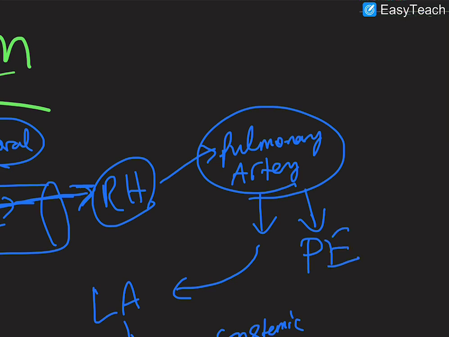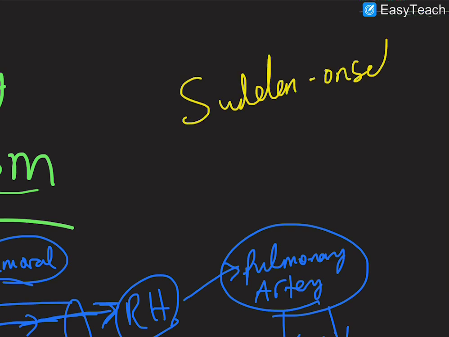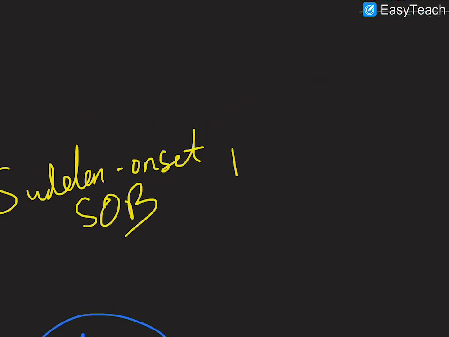So what symptoms can you expect? You may have heard this. Some symptoms are sudden onset shortness of breath. Along with that, you can see certain things like pleuritic chest pain.